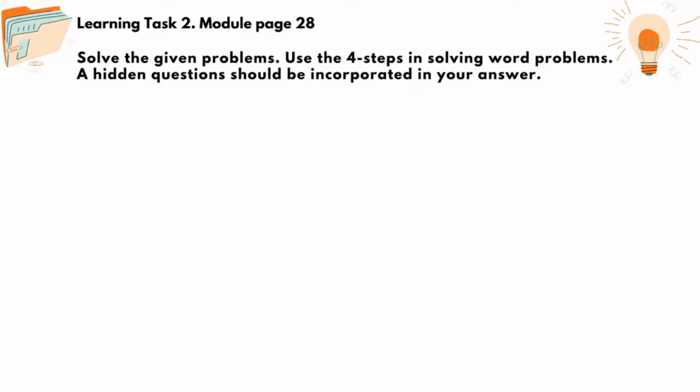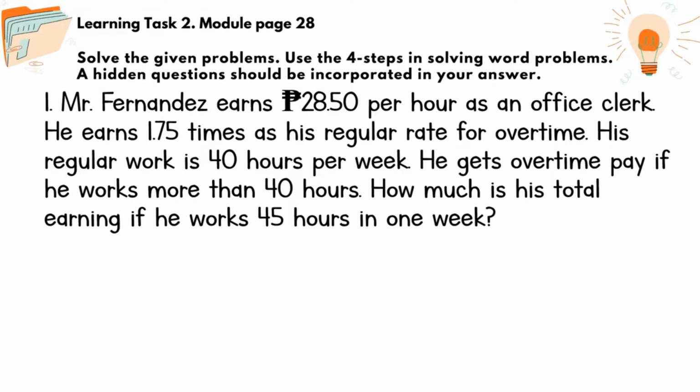Let's try learning task number 2 on page 28 of our module. You are asked to solve the given problems, use the 4 steps in solving word problems, and write the hidden questions in your answer. Number 1. Mr. Fernandez earns 28 pesos and 50 centavos per hour as an office clerk.